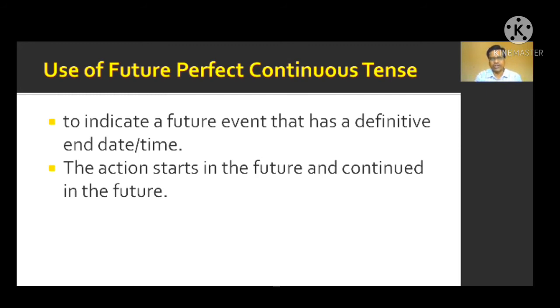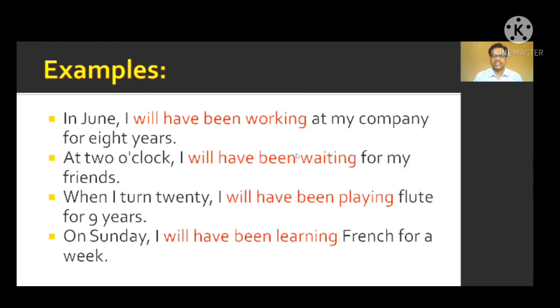We use this kind of tense in order to indicate a future event that has a definitive end date or time related to the future. We also use it to express an action that starts in the future and continues in the future for some time. So let us try to understand this in the context of a few sentences. In June, now this is the month of June that started just today itself.